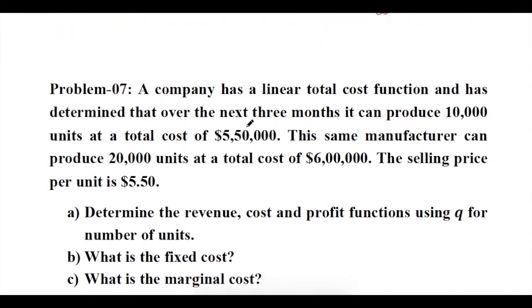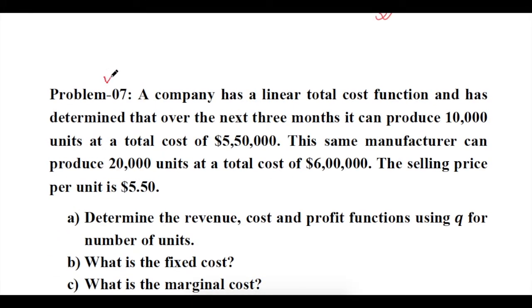Now let us try to understand the next problem. A company has a linear total cost function and has determined that over the next 3 months it can produce 10,000 units at a total cost of this. So this one will be exactly the same.